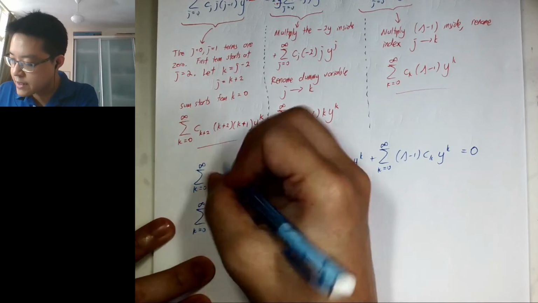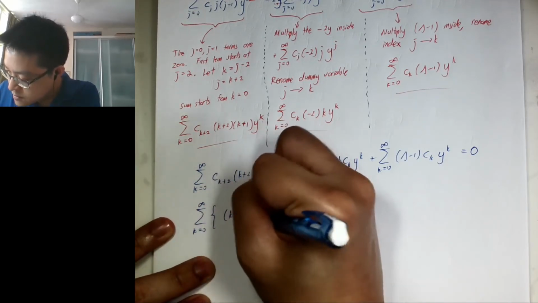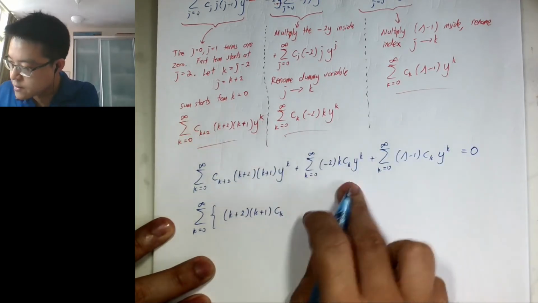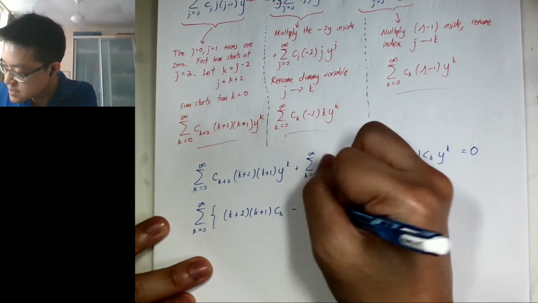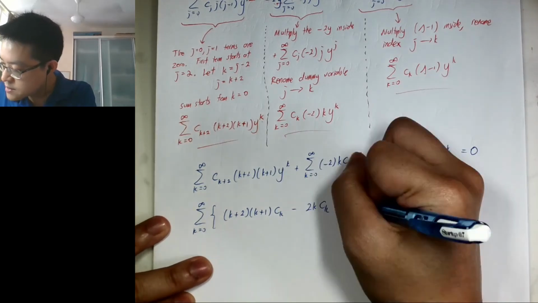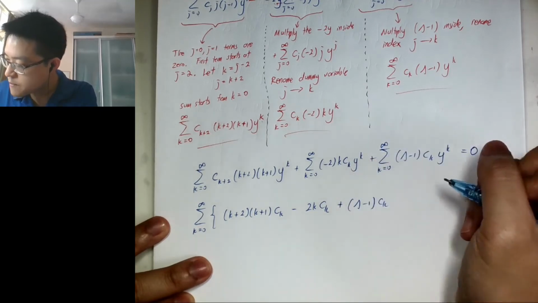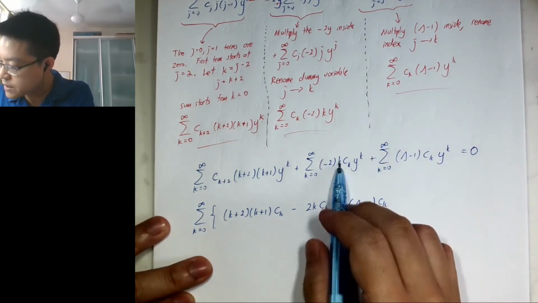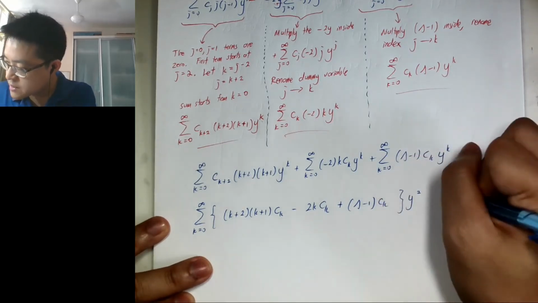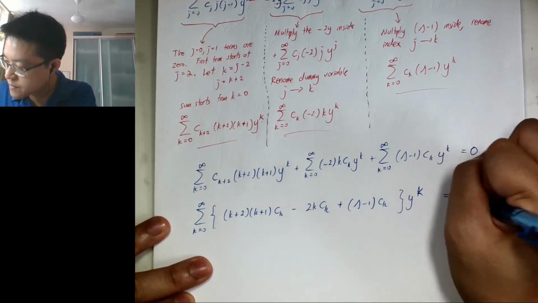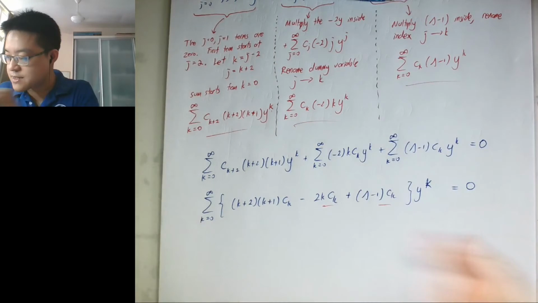I got (k+2)(k+1) c_{k+2}, and then minus 2k c_k, and then plus (lambda minus 1) c_k, with y to the power k factorized outside.